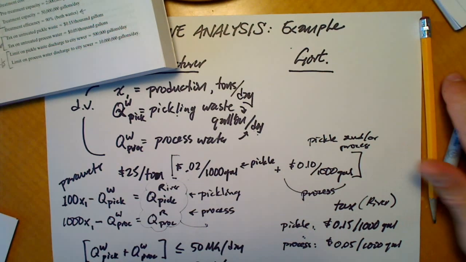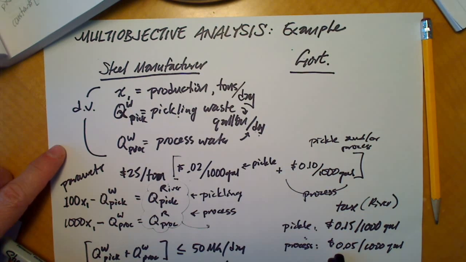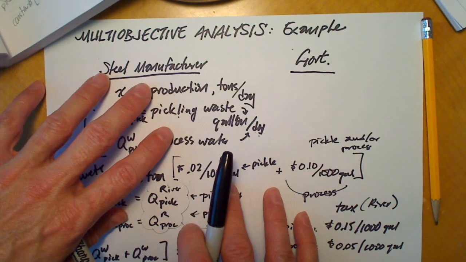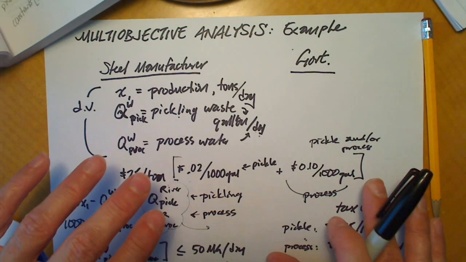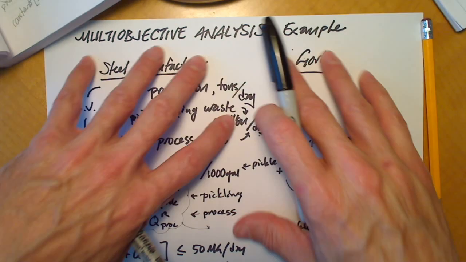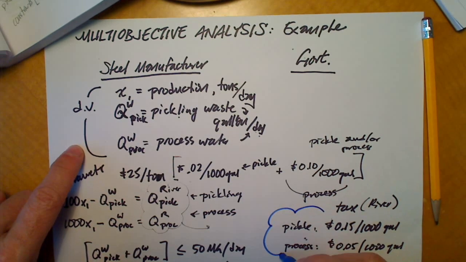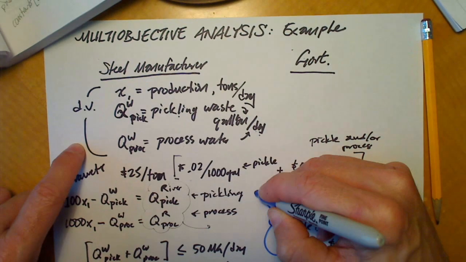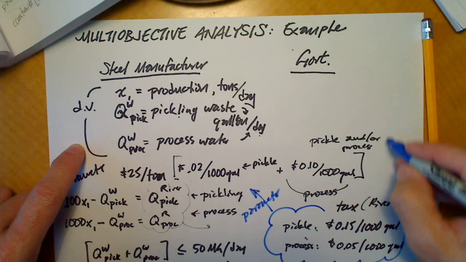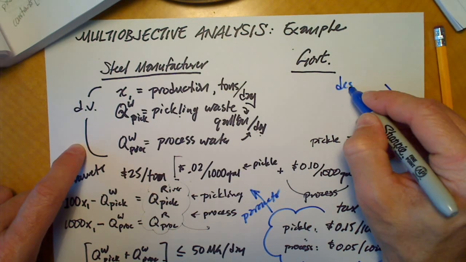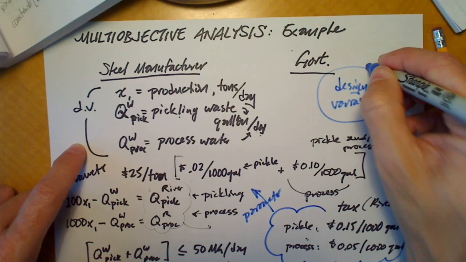All right, what about the government? In the simplest version of the problem, the steel manufacturer accepts these taxes as parameters that fit into their systems model. But in the more complex multi-objective problem, where we want to explore the empathetic capacity of the government for the steel manufacturer, these appear as parameters to the steel manufacturer, but they are design variables to the government.